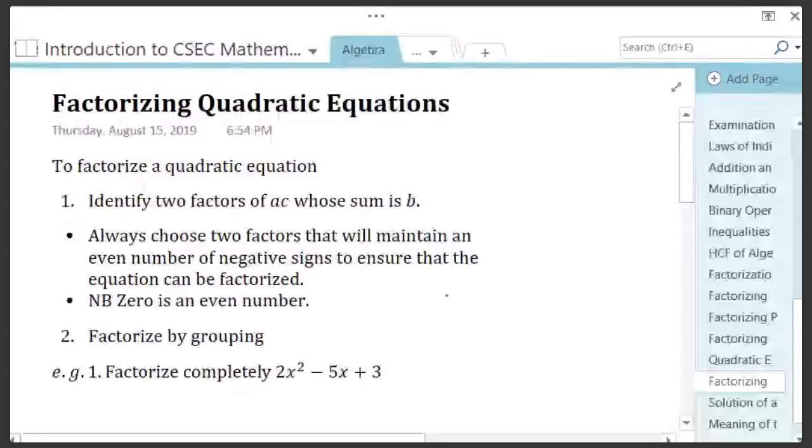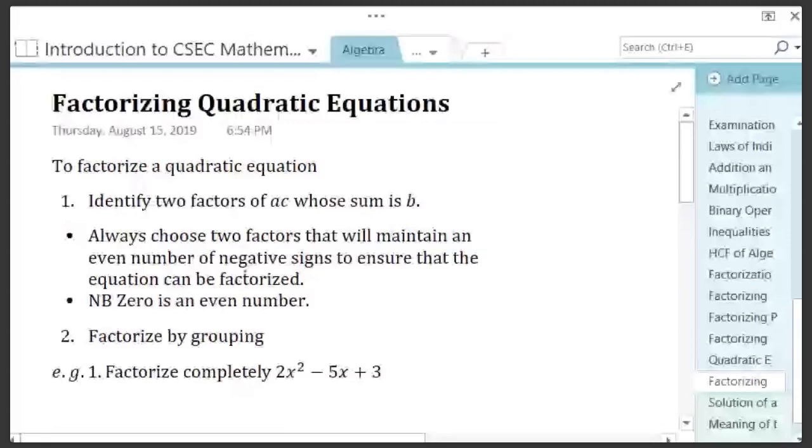I modified their method a little, to not have that headache of how to deal with cases or any trial and error. I like things simple. I don't like to complicate my life with anything. So I made up a rule and the rule works well. I'll show you how you use it, and it helps you to factorize quadratic equations really easily.